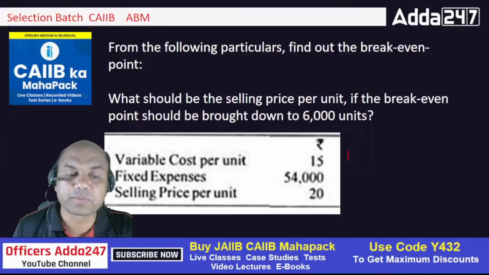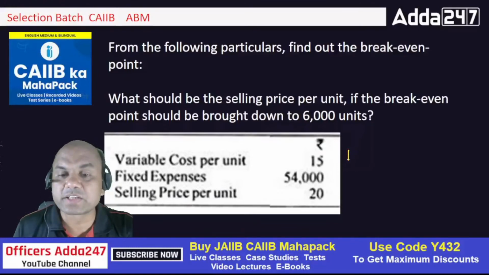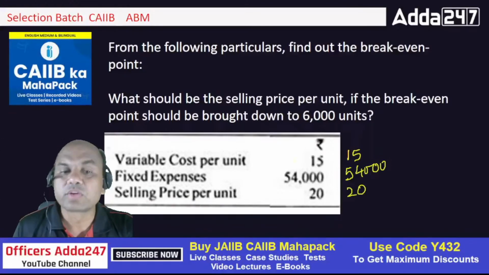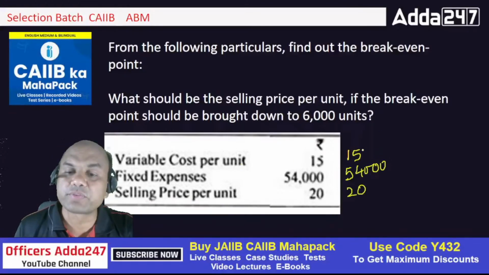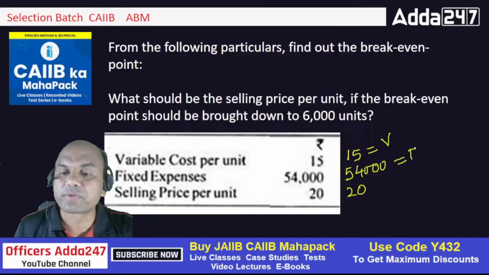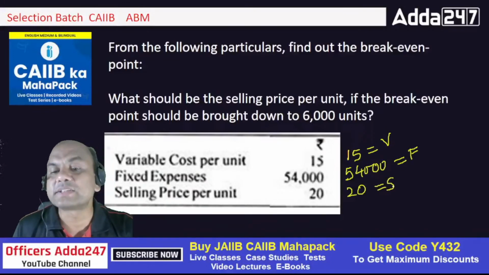Next, fixed cost is 54,000. Then selling price per unit is 20 rupees per unit. So variable cost I know, V equals 15. Fixed cost equals F. And the selling price is S. So S I know, V I know.